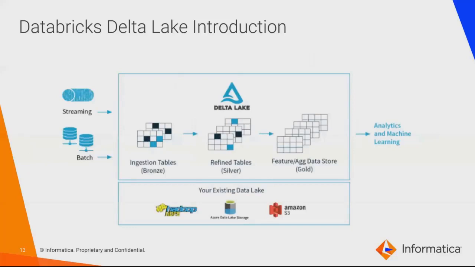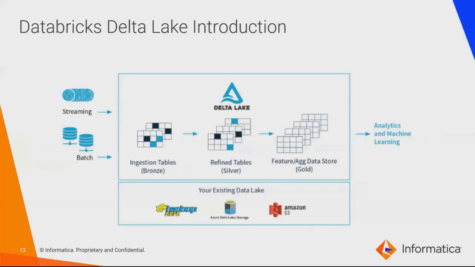This is a very short overview of how Delta Lake sees data lakes. So you've got your existing data lake at the bottom, which might be HDFS or S3 or any other kind of cloud storage. And your Delta Lake kind of has three zones. You've got your bronze layer, which is where your raw data sits in the native format.